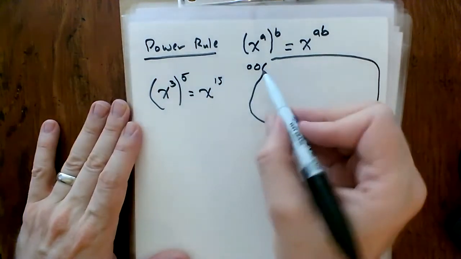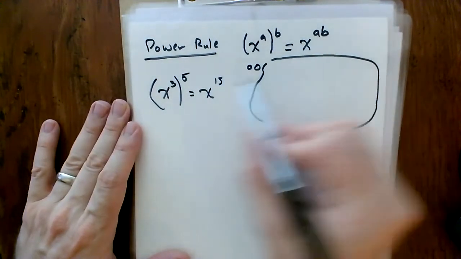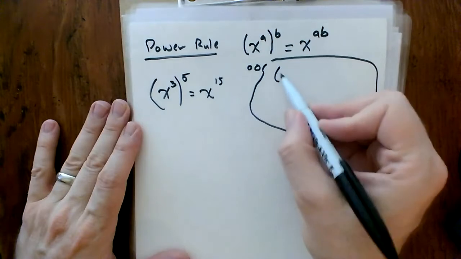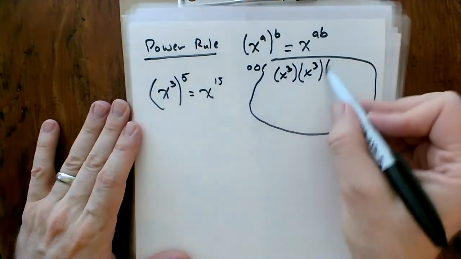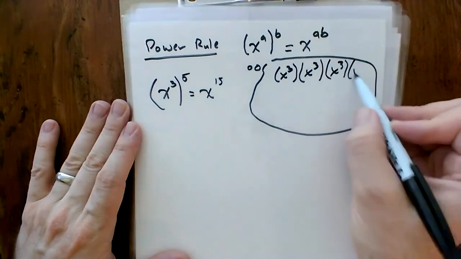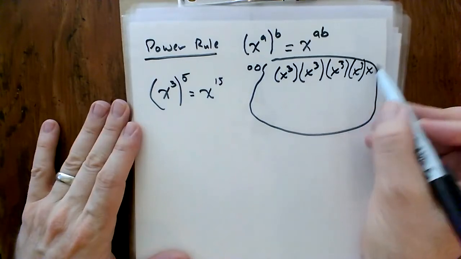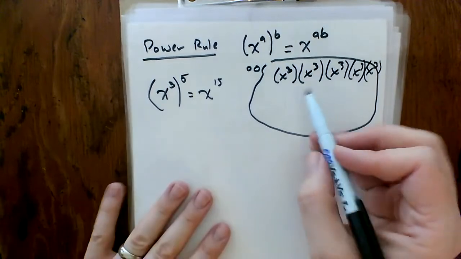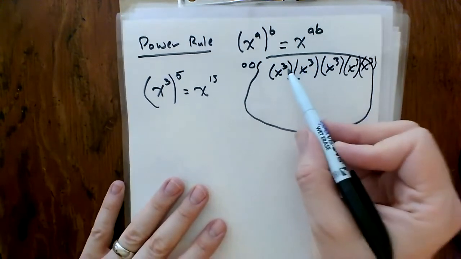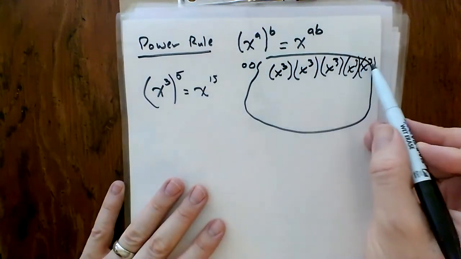And our thought process behind that is, of course, x cubed to the 5th power. That's just going to be x cubed times x cubed times x cubed times x cubed times x cubed. 1, 2, 3, 4, 5. So literally, I'm just adding this over and over again. 3, 6, 9, 12, 15.